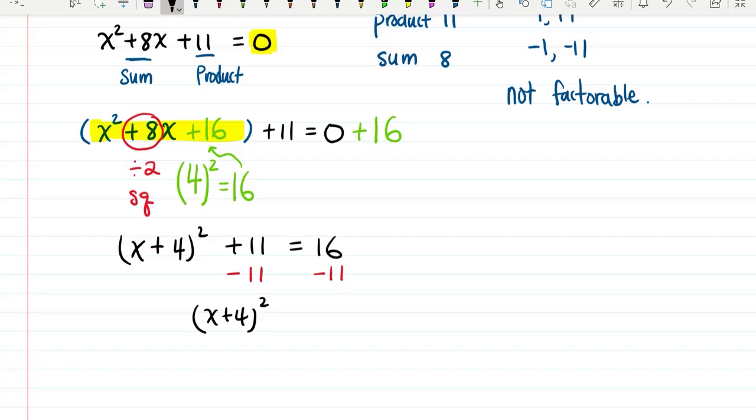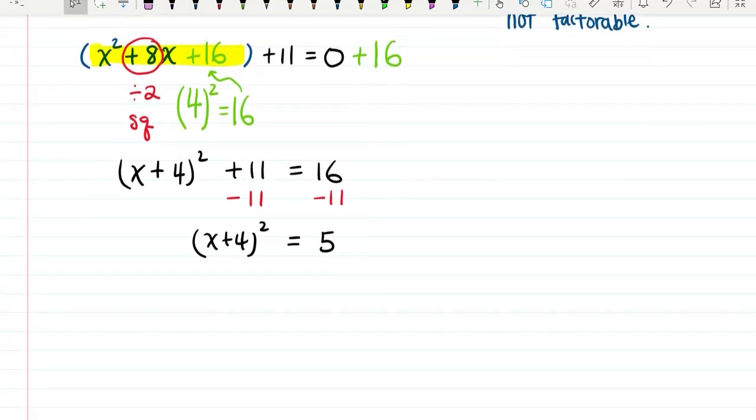Make sure you have the completed square form on the left side of the equation, and put everything else, meaning the constant term, on the right side. That would be positive 5 on the right side. So we've got the perfect square form on the left and the constant on the right side of the equation.